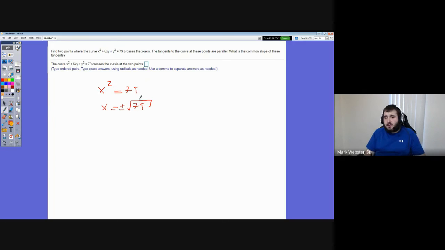Now that you've done that, the second part of this is saying, what is the common slope of these tangents, right? So this right here is part A. For both of these, y is 0. So you got radical 79 comma 0 and negative radical 79 comma 0.